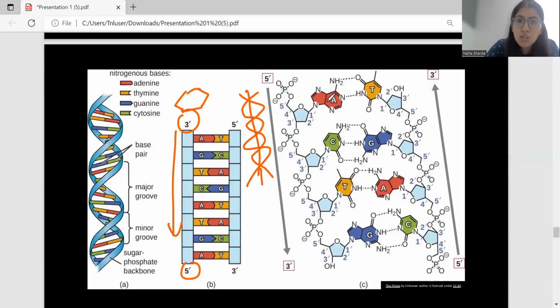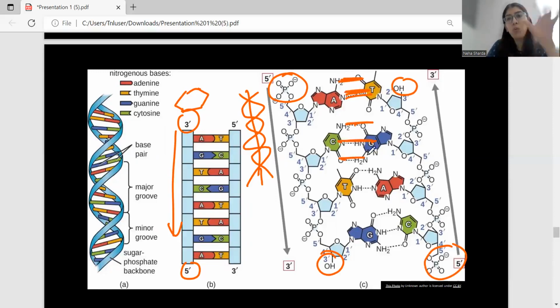So you can also see in diagram 5' phosphate group, 3' hydroxyl group, 5' phosphate group, 3' hydroxyl group. Adenine and thymine have 2 hydrogen bonds, guanine and cytosine have 3 hydrogen bonds. Only guanine will form bond with cytosine, and adenine will form bond with thymine.